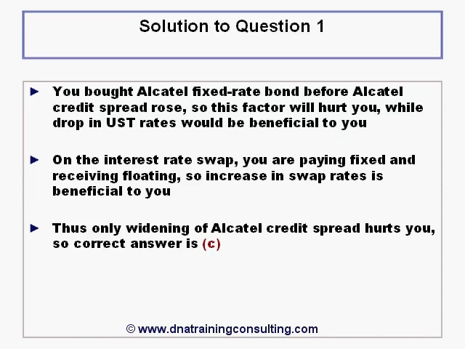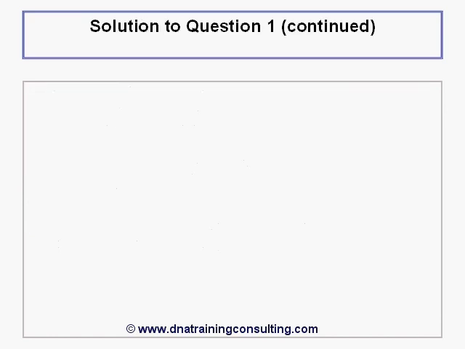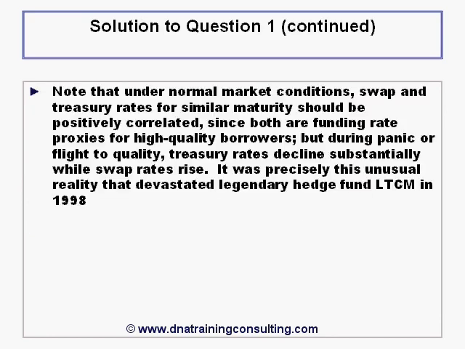We should point out that under normal market conditions, swap and treasury rates for similar maturities should be positively correlated, since they are both funding rate proxies for high-quality borrowers.